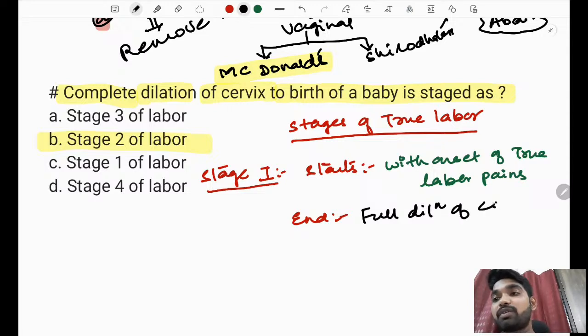Full dilatation of cervix means a fully dilated cervix will be measuring about 10 centimeters. So stage 1 starts with the onset of true labor pains and ends with full dilatation of cervix.